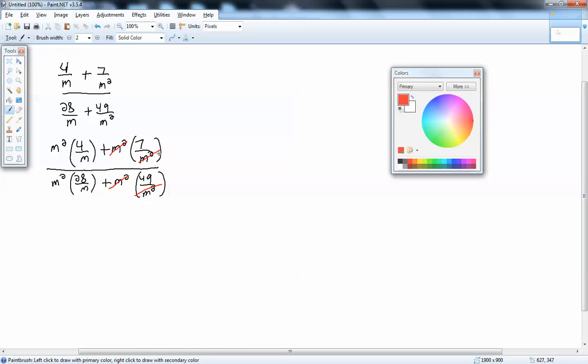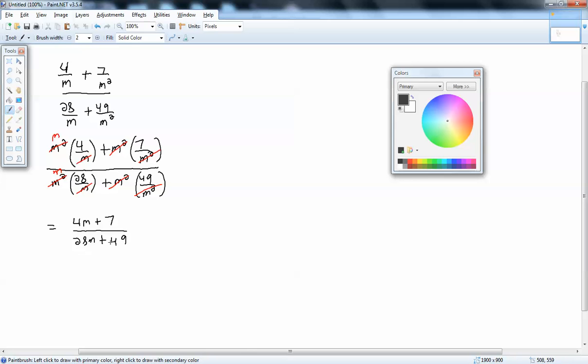Here we got 2 m's, here's 1 m, so that m's going to cancel, and this will leave us a single m. Same thing down here. So we got m times 4, 4m, plus 7, over 28 times m is 28m, plus 49.